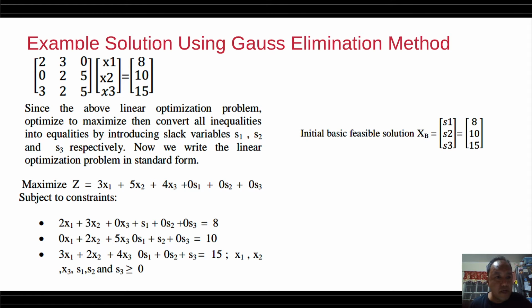This is a typographical error. So, mapapansin natin dito, there is an introduction of several variables, specifically S1, S2, and S3. The initial basic feasible solution for XB, which is another variable, is equivalent to S1, S2, S3 in matrix form, equivalent to 8, 10, and 15.